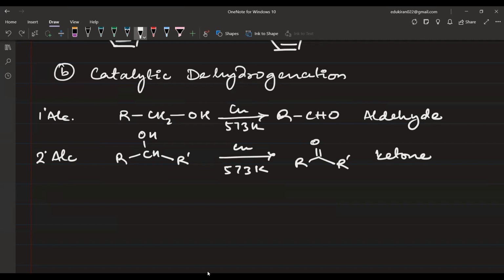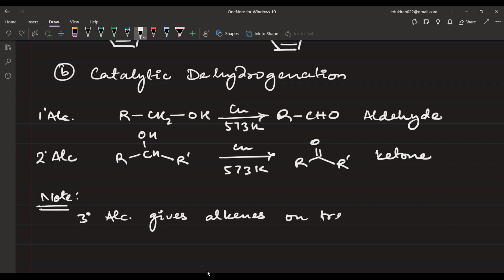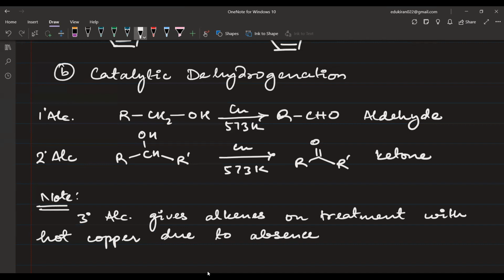Write a note. 3 degree alcohol gives alkene on treatment with hot copper, due to absence of alpha hydrogen.